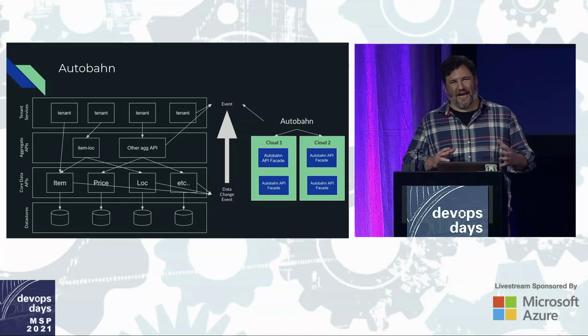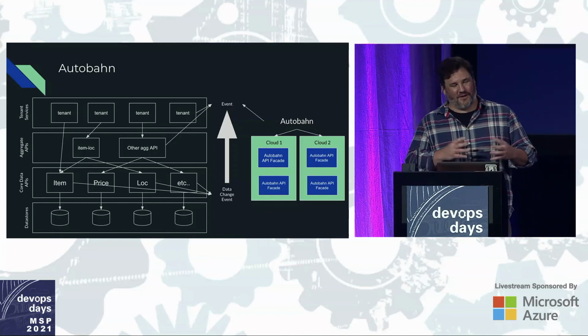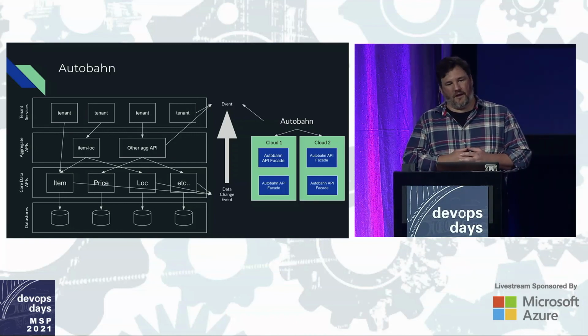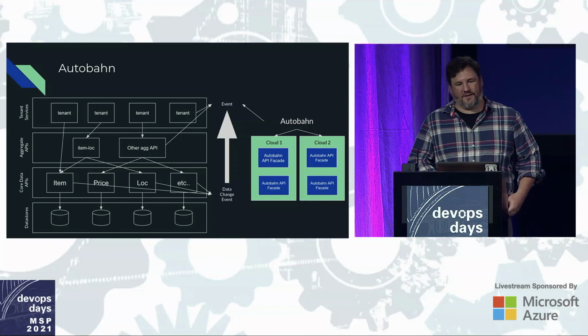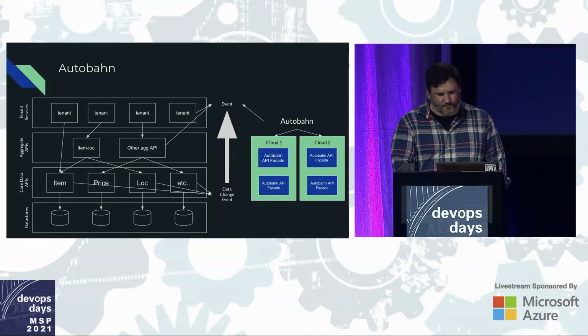I don't want to call it a cache because that kind of dumbs down what it actually is. And then essentially we can deploy out these facade APIs that represent that API contract.